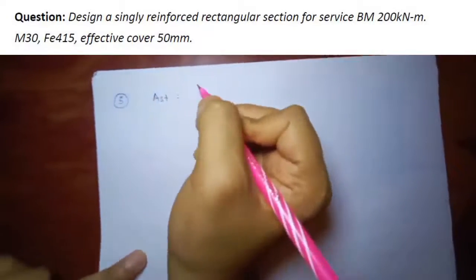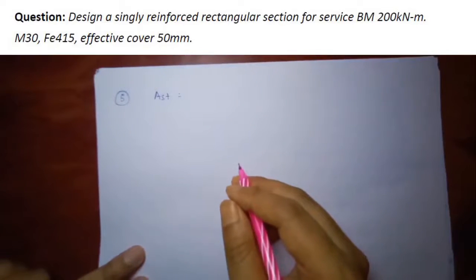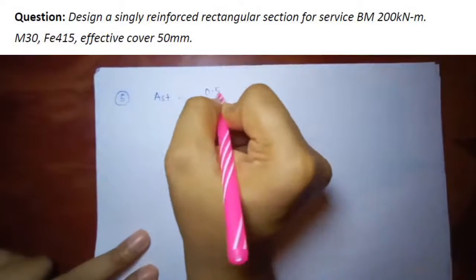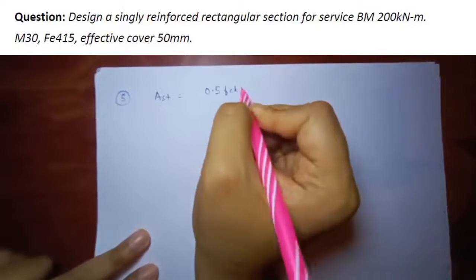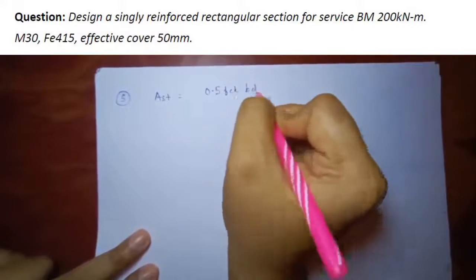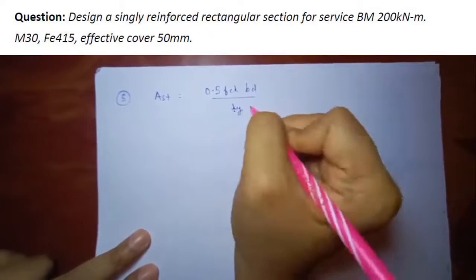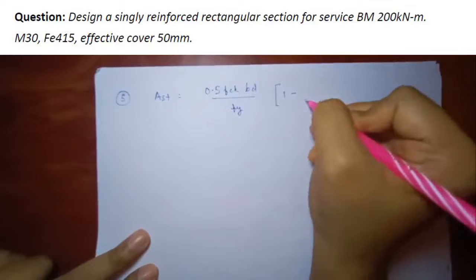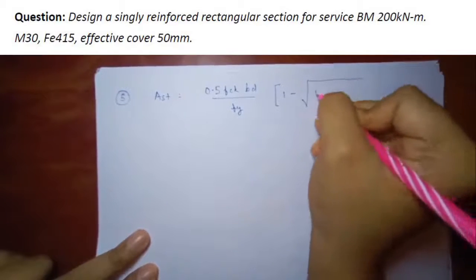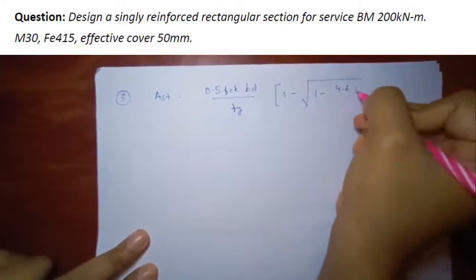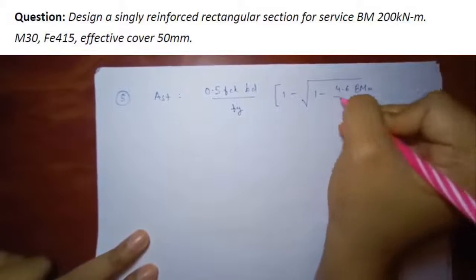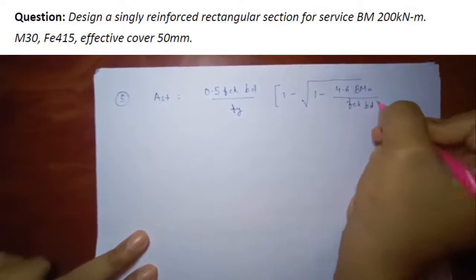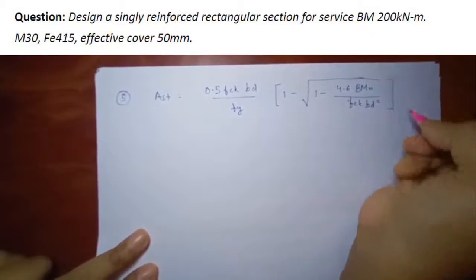AST will be equal to 0.5 FCK BD upon Fy multiplied by 1 minus square root of 1 minus 4.6 BMU upon FCK BD square. This is the formula.